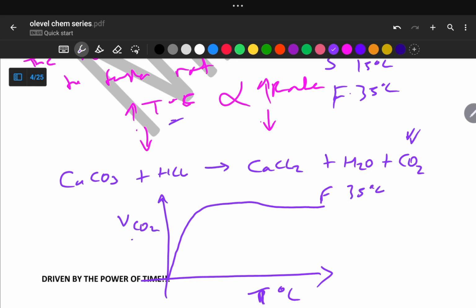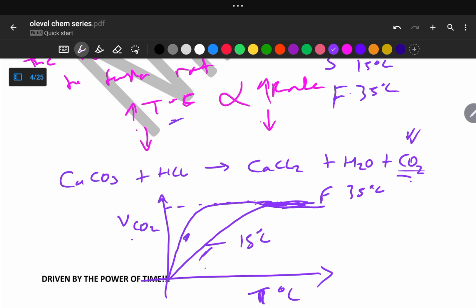And for the one at 15 degrees Celsius, the reaction is going to be slow. So they are going to meet here, so don't mind my drawings. Why? Because we are using the same conditions. That's why we are going to have a straight line here. They are going to produce equal volumes of carbon dioxide, but at different rates. This one is faster, and this one is slower, right?